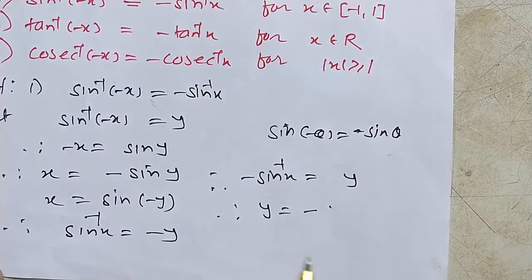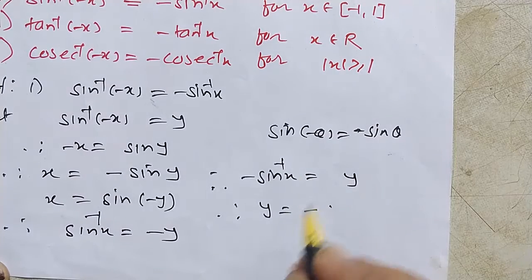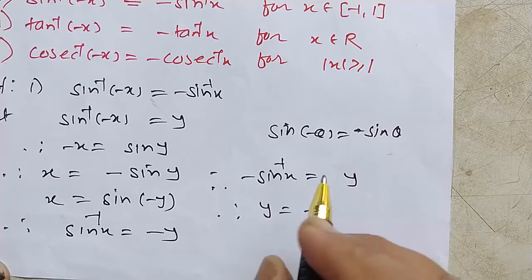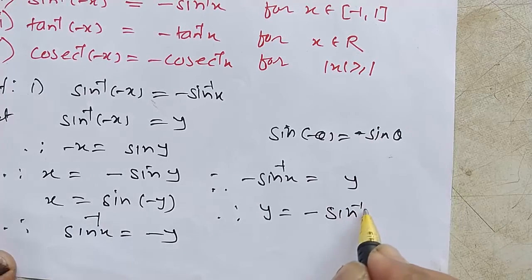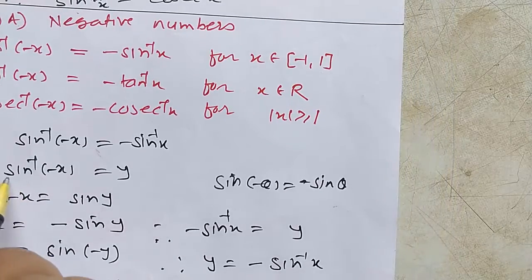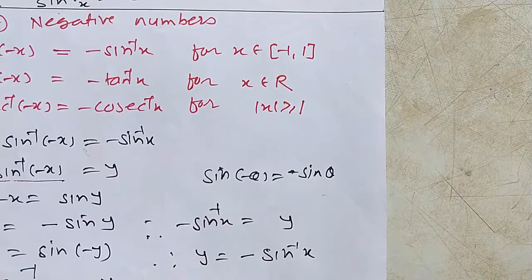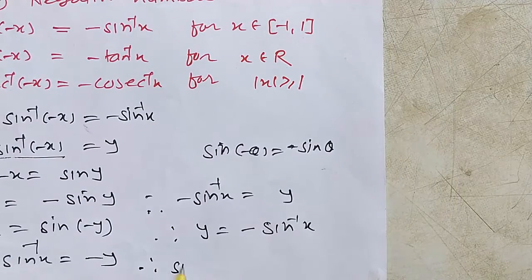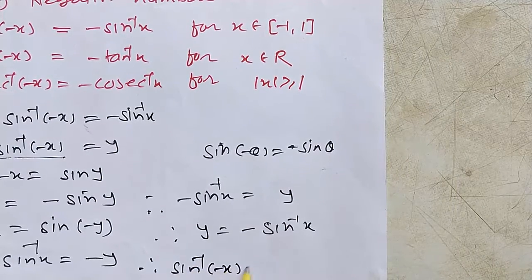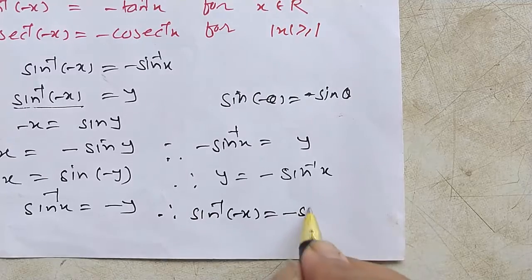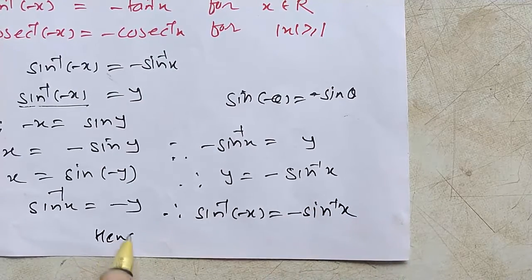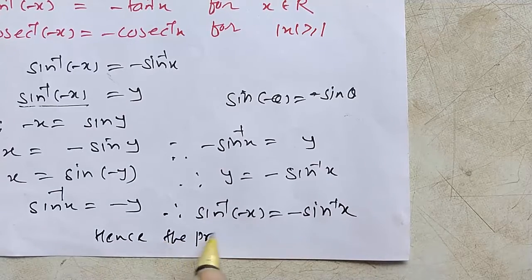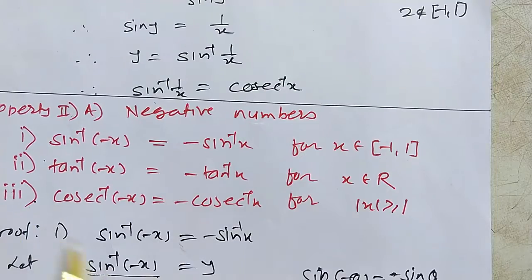Therefore, y is equal to minus sine inverse of x, and y is sine inverse of minus x. Therefore, sine inverse of minus x is equal to minus sine inverse x. Hence the proof. Similarly, we prove the other two results.